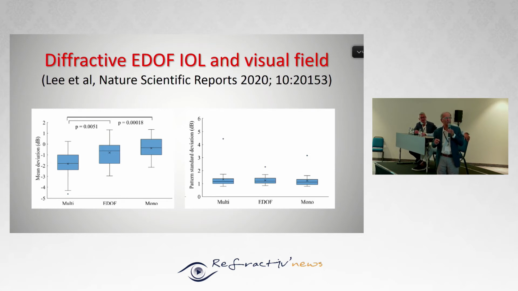And the pattern deviation is the same. So it seems that diffractive EDOF lenses do affect the visual field exam, however, at a very low extent. That might be interesting for a lot of our glaucoma patients.